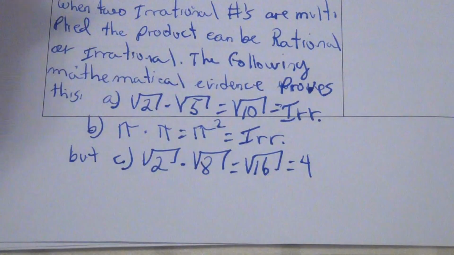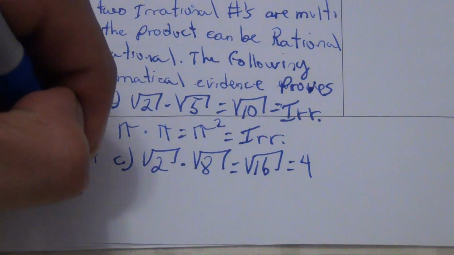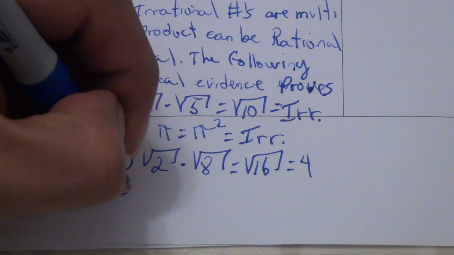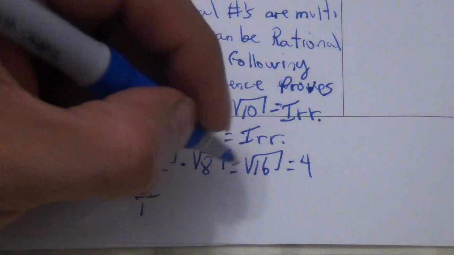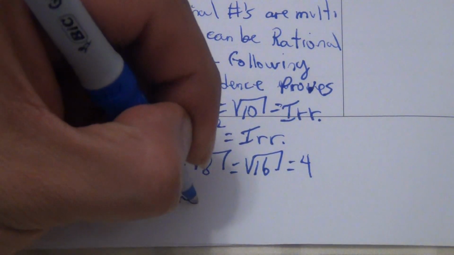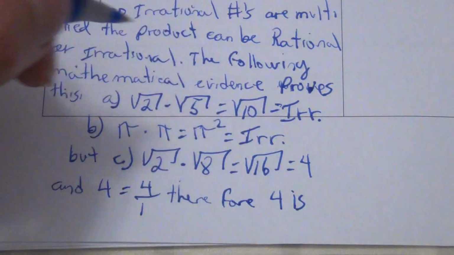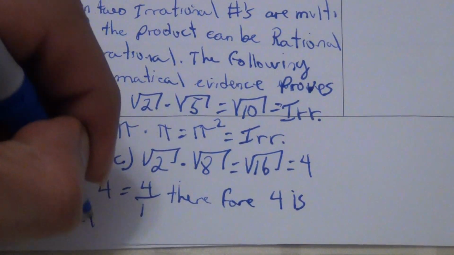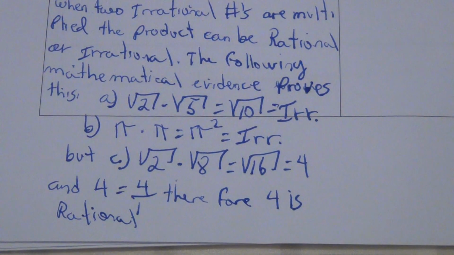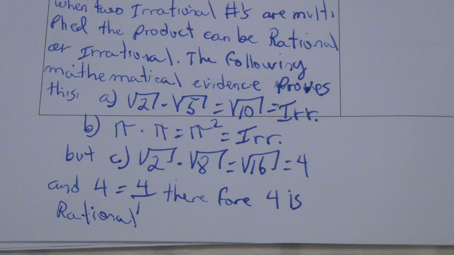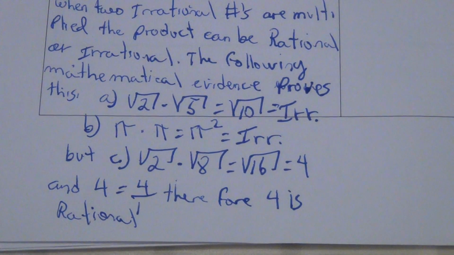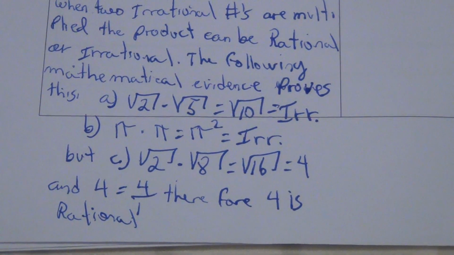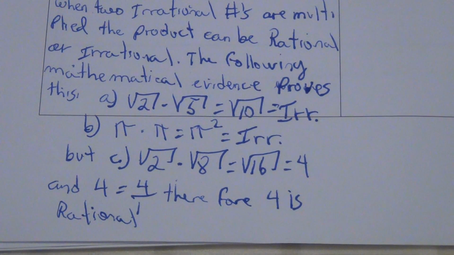Which is 4. And 4 can be represented as 4 over 1. Therefore, 4 is rational. Got it? Cool. I really write ugly, but that's actually the pen. Let me try a different pen. Maybe this one works better. Oh, okay. So now, let's move on to the next problem.